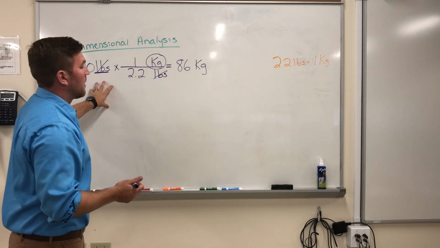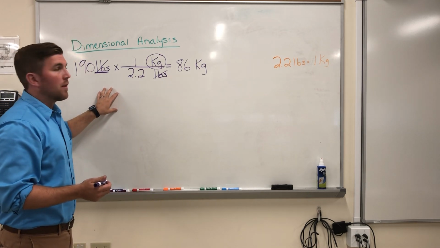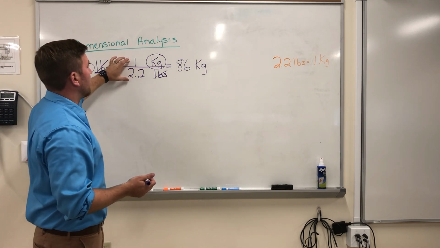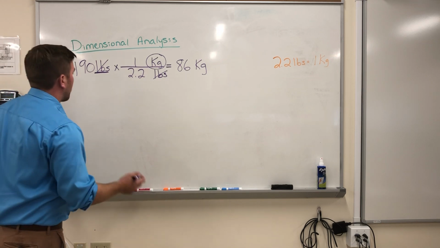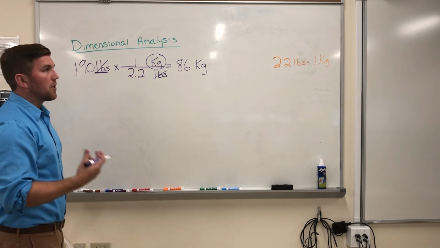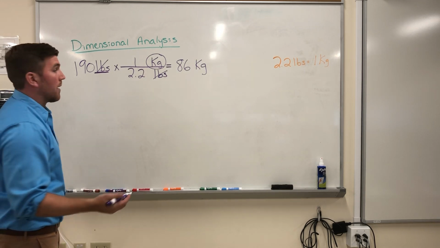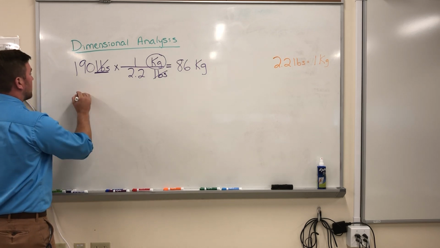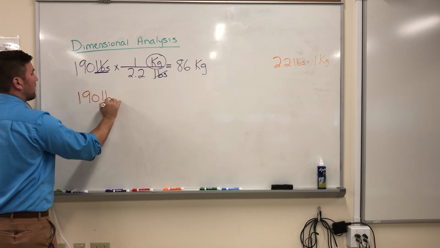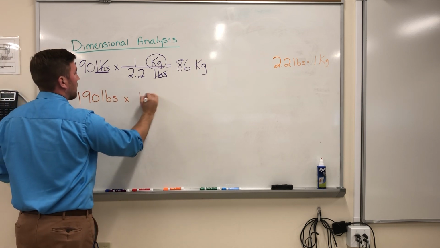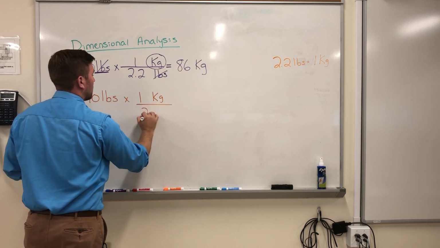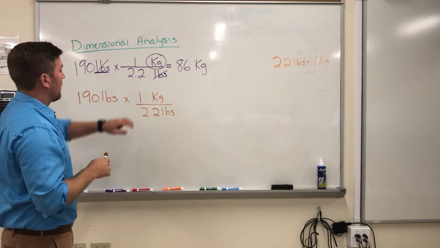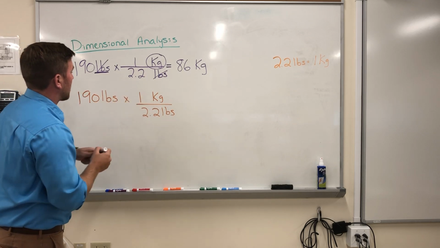So this is an example of a one-step dimensional analysis problem. It has 1 multiplication, 1 division, but only 1 ratio. If I wanted to take this a step further, and I want to know perhaps how many grams I weigh, I can start exactly the same way with 190 pounds, and I would set it up the same way, 1 kilogram over 2.2 pounds, because I still need to make that first step to getting out of pounds and into kilograms.